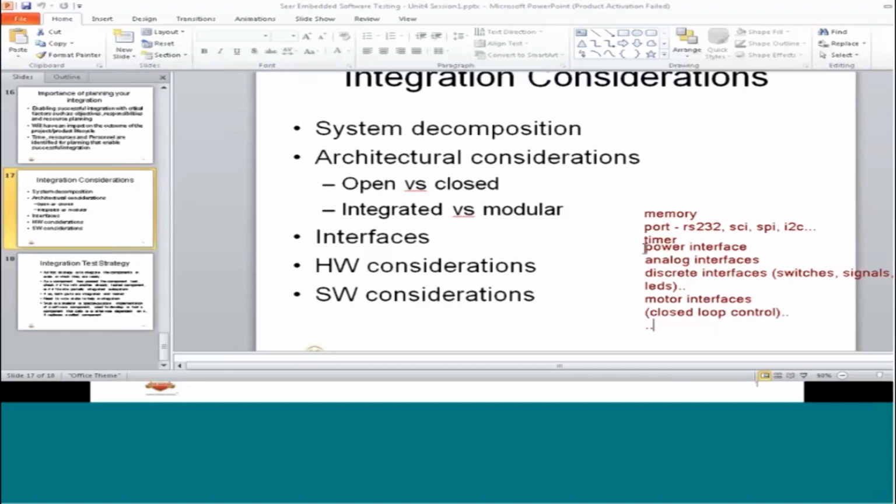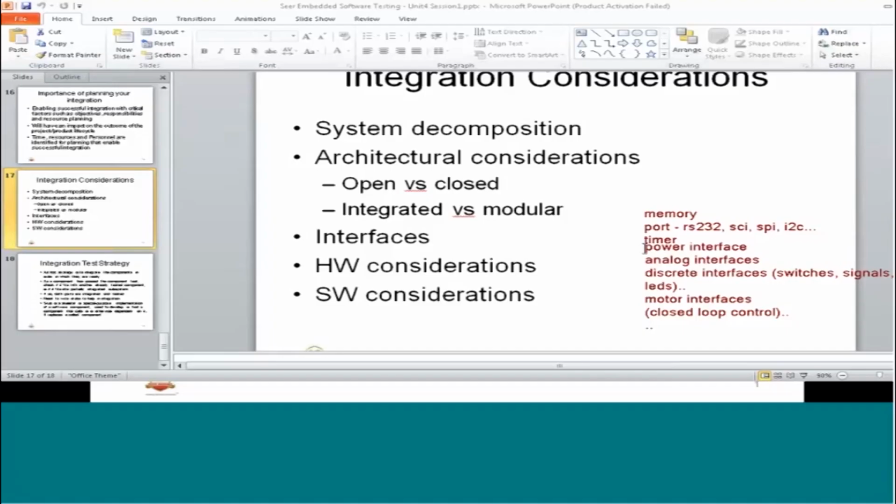Let's not list them all out. Okay, so for hardware related interfaces, we know that the hardware input output needs to be cohesively used in the system integration test. So that is also very important.